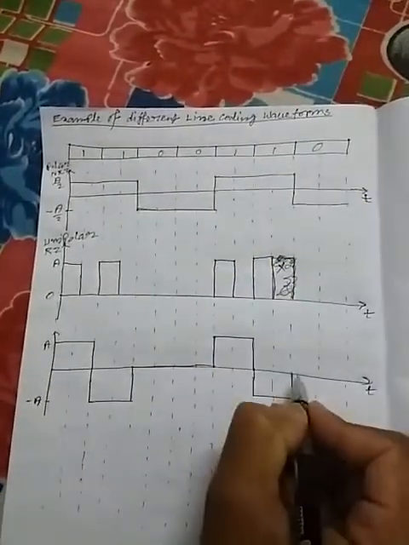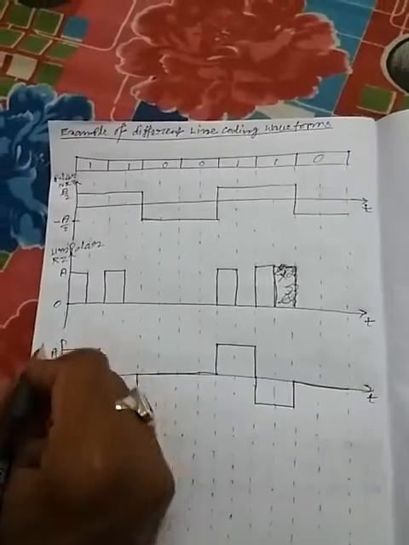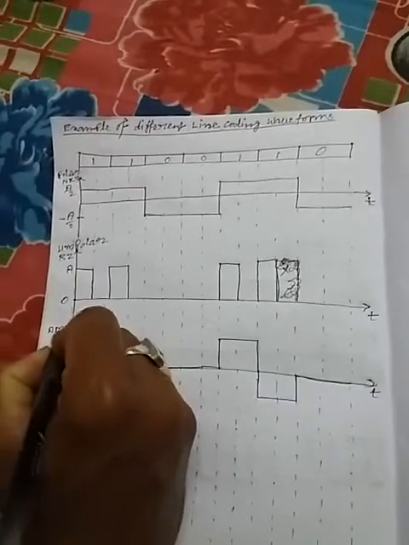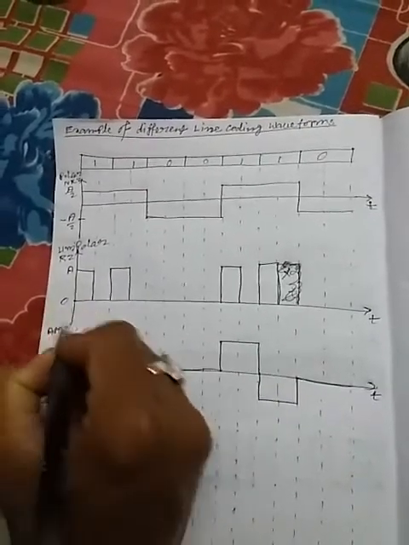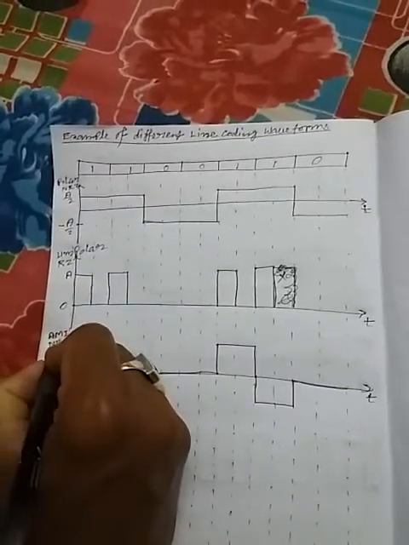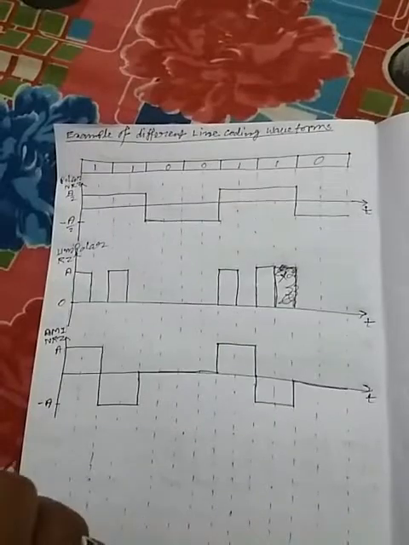Now there is a 0, so here will be 0 value. So this is the waveform of AMI, alternate mark inversion, non return to 0 type, NRZ type. So AMI NRZ type.